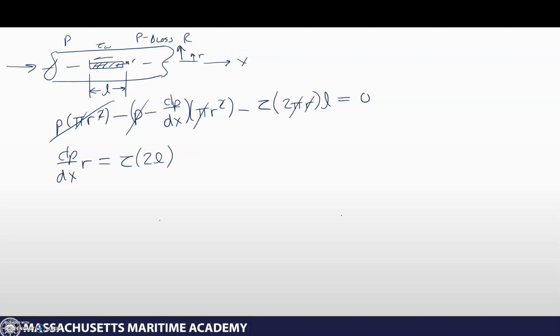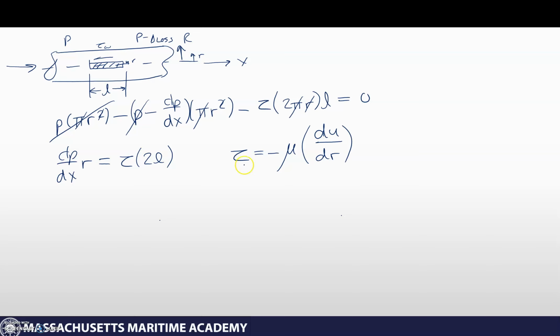Now, assuming that we have a Newtonian fluid, which most fluids are, we can recall that the shear stress in a Newtonian fluid is negative viscosity times how the x velocity changes with the other direction. When we set it up for Couette flow, we used du dy, but now that we're doing Poiseuille flow, we'll use du dr because we've got a circular pipe, and so the radius is the other direction.